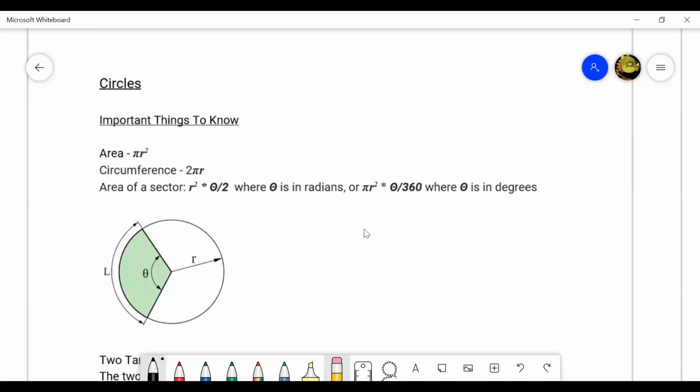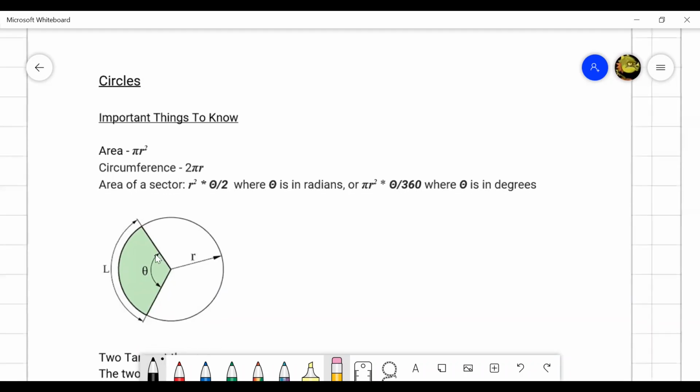And so the first part that I want to go over is how to find the area of a sector. A sector is basically just a section of a circle starting from the center. You draw 2 radii out to any 2 points on the circle, and then the area of the slice that it forms is the sector.